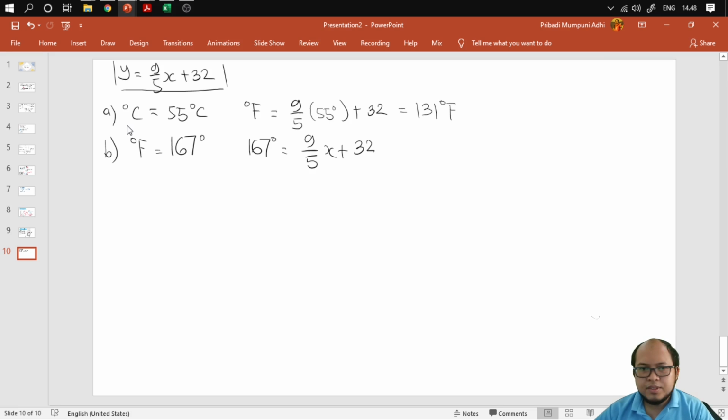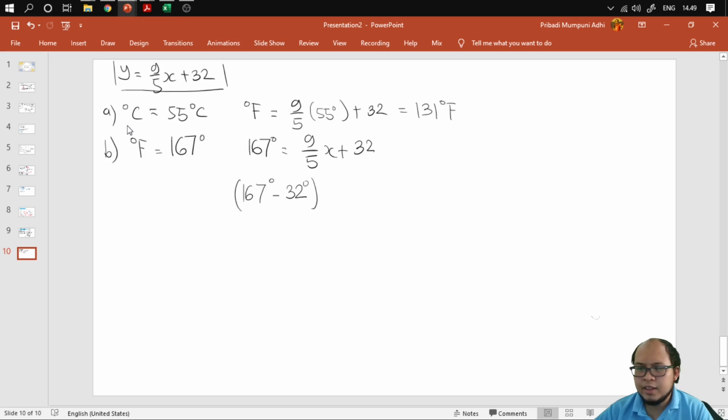So the minus 32 will go to the left hand side, or we change the sign. So we will have this one, 9 over 5, sorry, this one will be 5 over 9, and then multiplied by 167 minus 32.